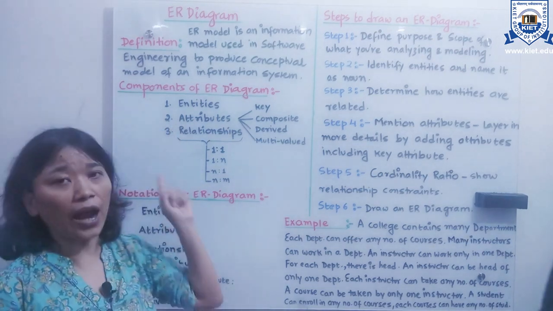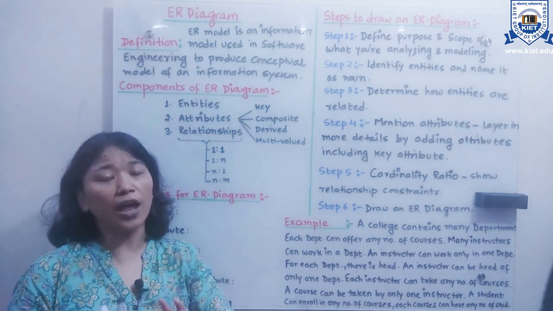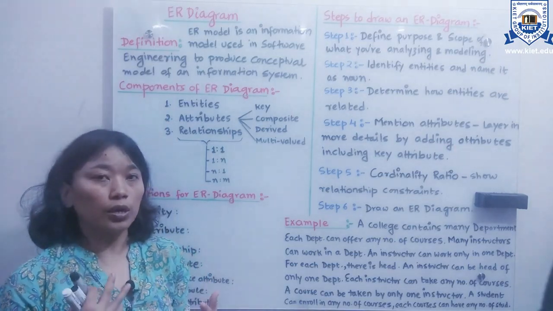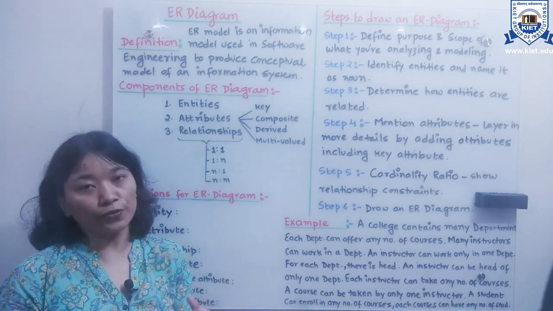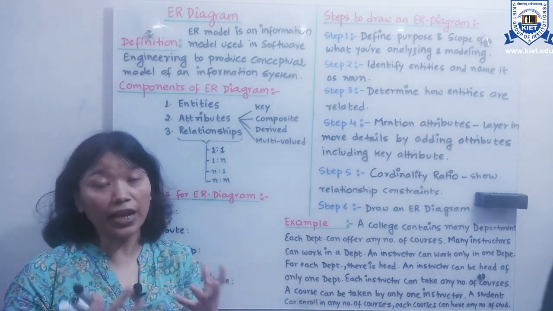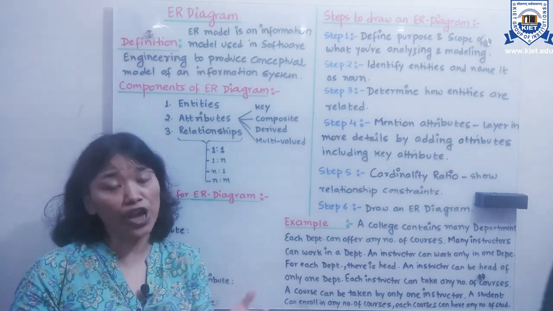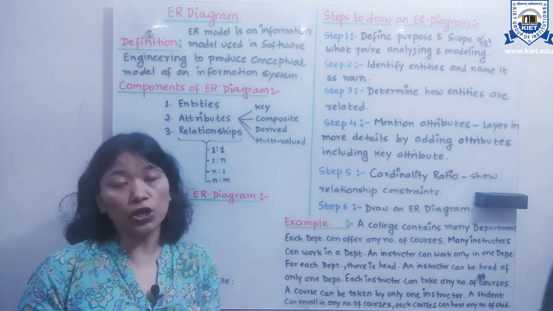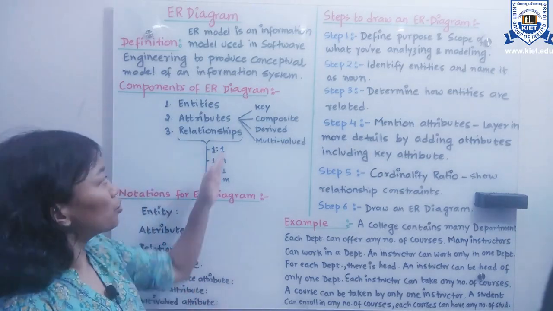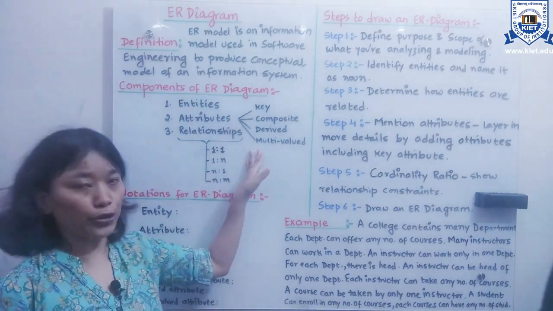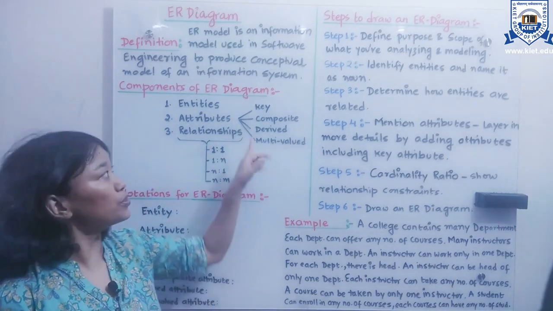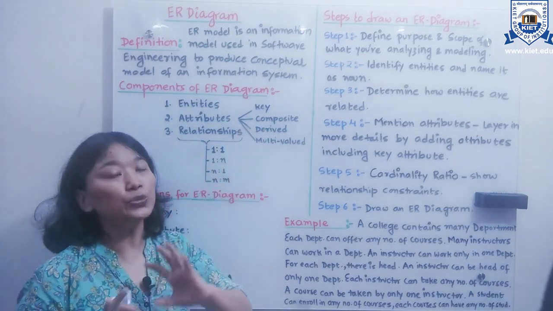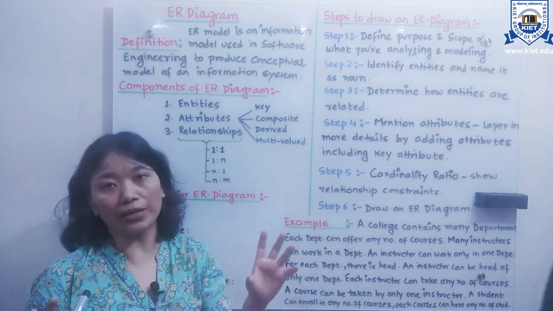The second component is attributes. Attributes are the properties of the entity sets. Any characteristic of the entity set which identifies that entity is called an attribute. There are four types of attributes. One is the key attribute. A key attribute uniquely identifies the whole entity set.